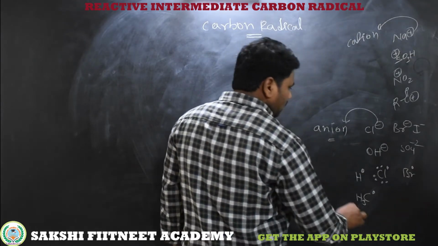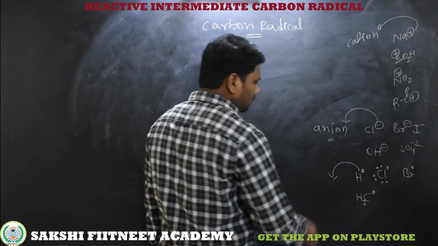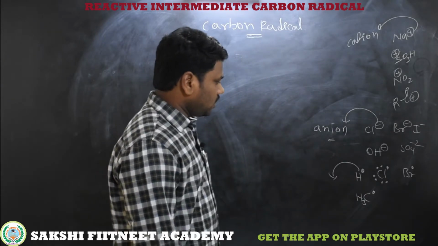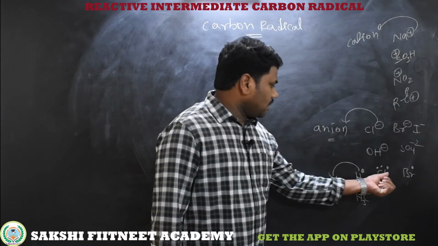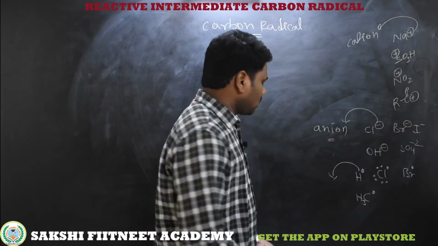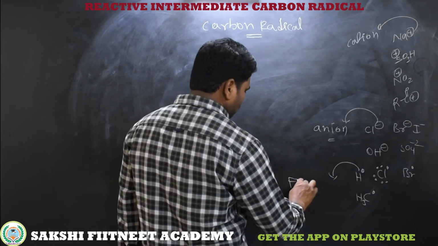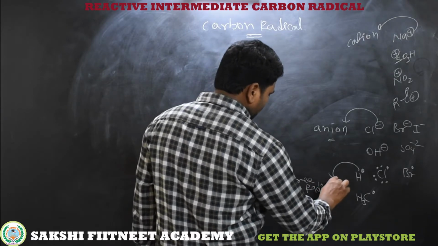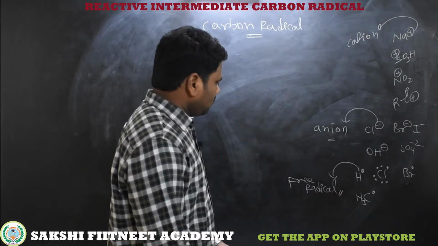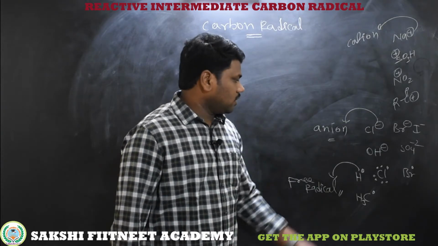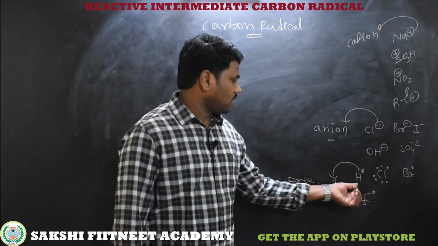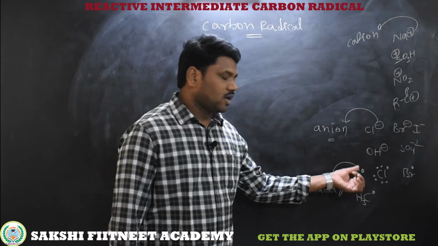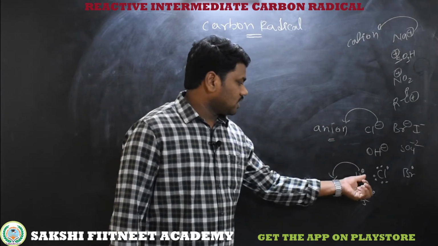Such fragments which have an odd number of electrons, where out of all electrons 1 is unpaired and the remaining are paired, are called free radicals. Hope you understand well. What is a radical? An element or group of elements having an odd number of electrons, where 1 electron exists as unpaired.